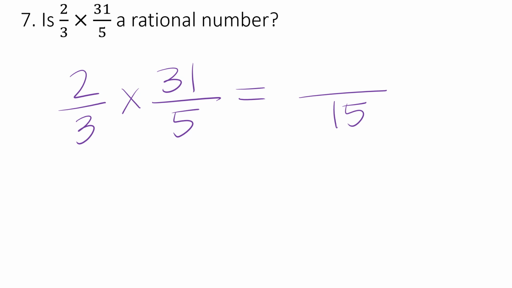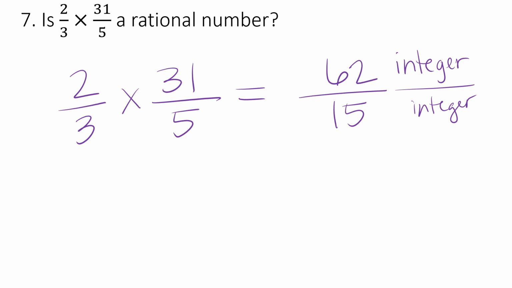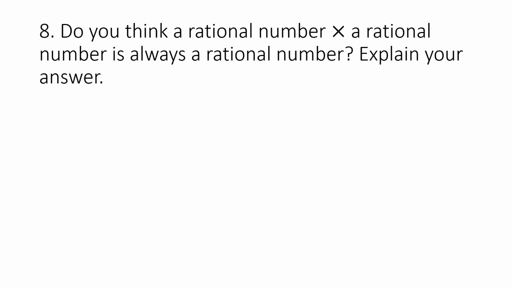Numerator: that's just multiplied by 2, so if you double 31, that would be 62. So is 62/15 a rational number? Absolutely. It's an integer over an integer. So, yes, 62/15 is a rational number.